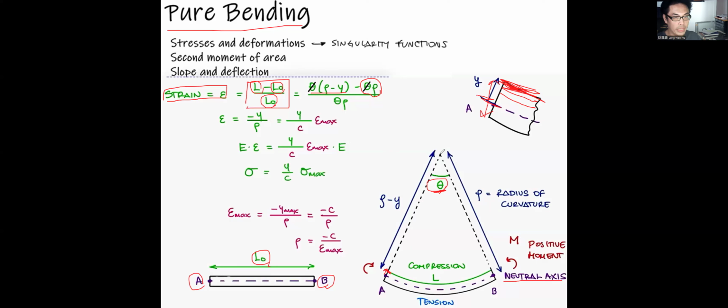Therefore, rho minus Y is this length, times theta equals L. Divided by rho times theta. Is that clear? And then we can rearrange this equation to get the strain of the pure bending equals minus Y over rho.